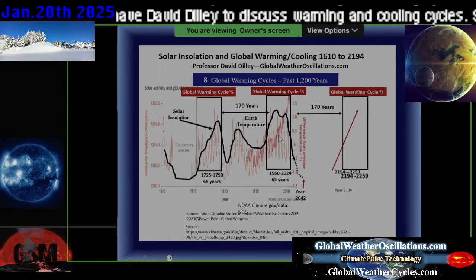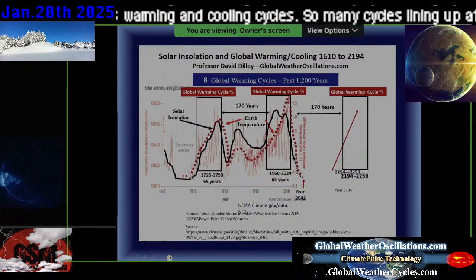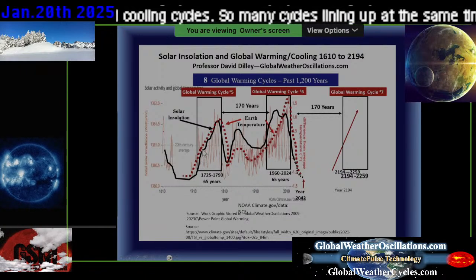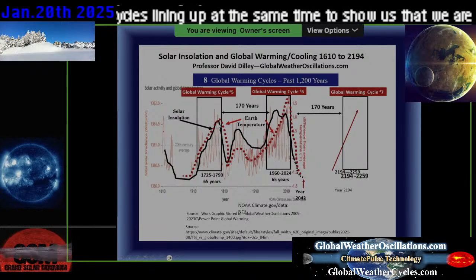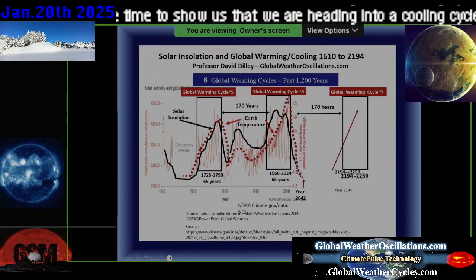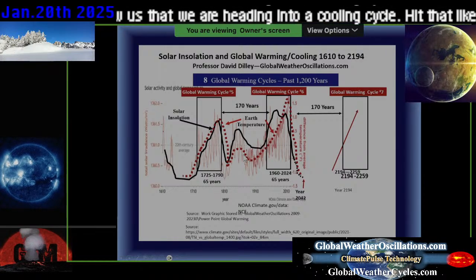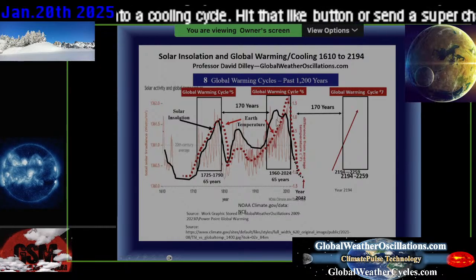Now let's put in the world temperatures. This is what we show in the world temperatures. It conforms with the solar cycles. Warm in the late 1700s, cooled down, warmed up a little bit, cooled down, then our big global warming cycle that we're in now, global warming cycle number 6.